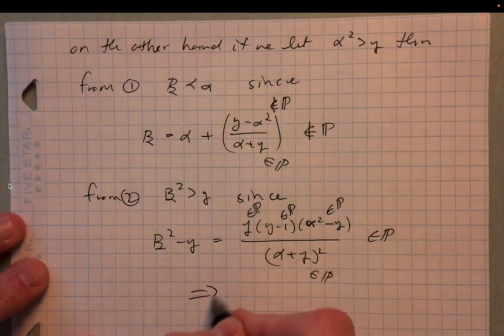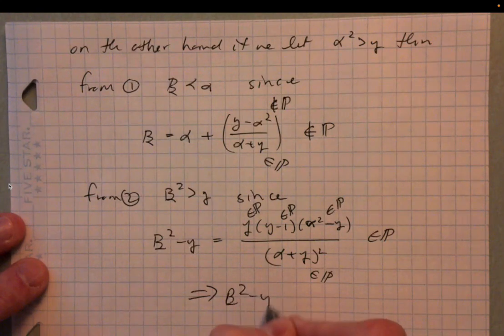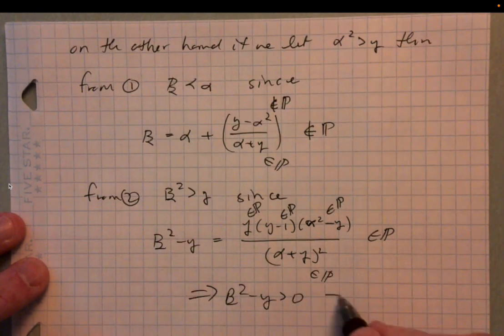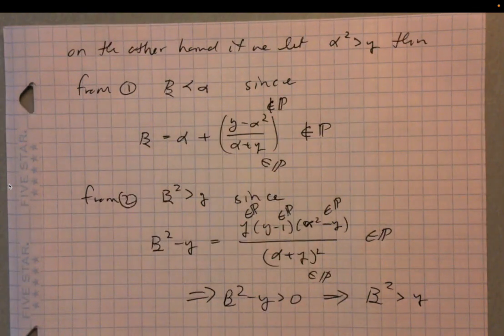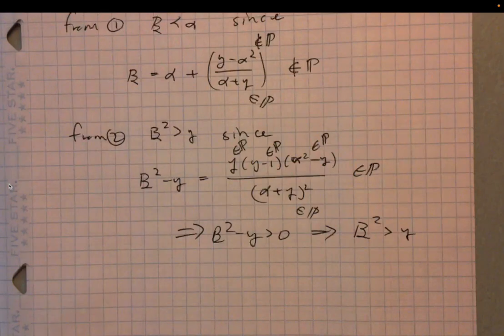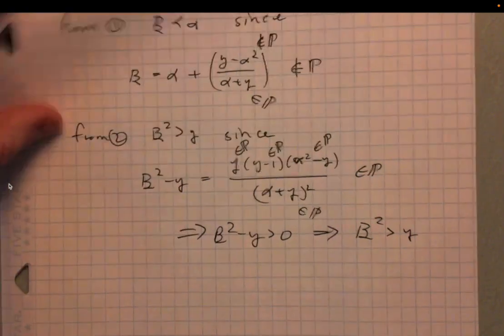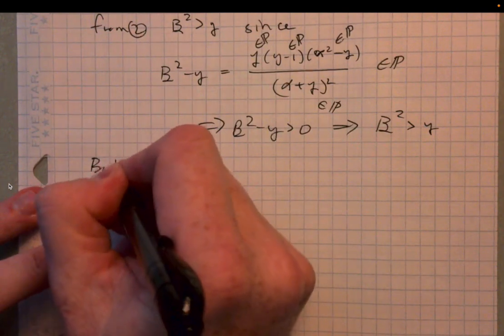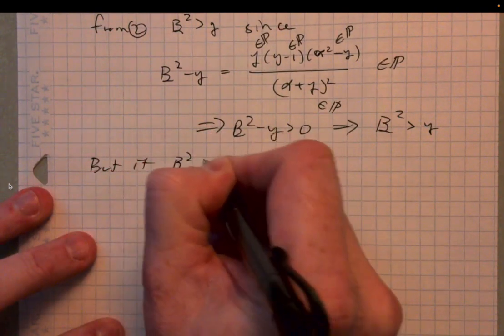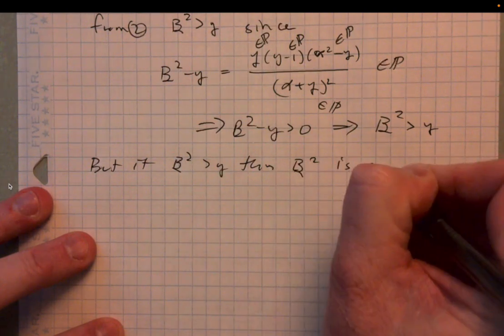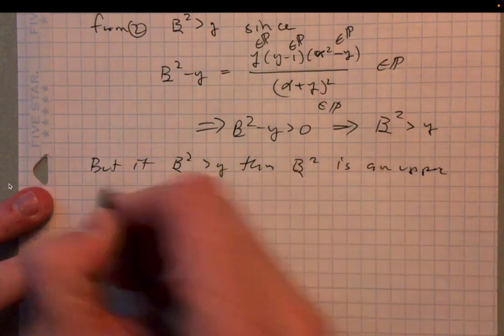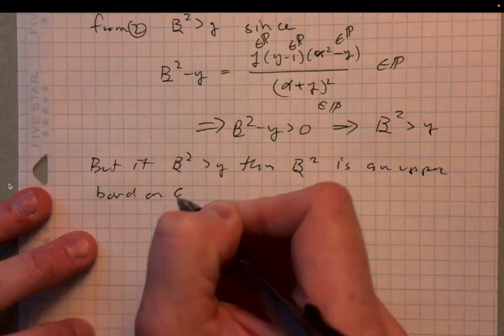And that implies, of course, that beta squared minus y is greater than 0, which is where you get that beta squared is greater than y. Okay, but then if beta squared is greater than y, it must be an upper bound on C.